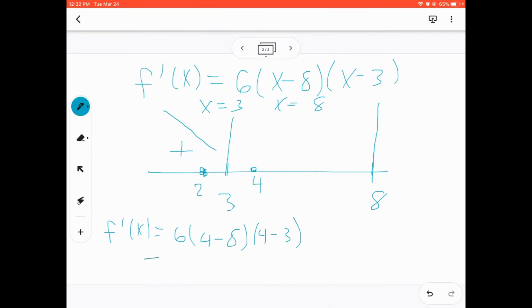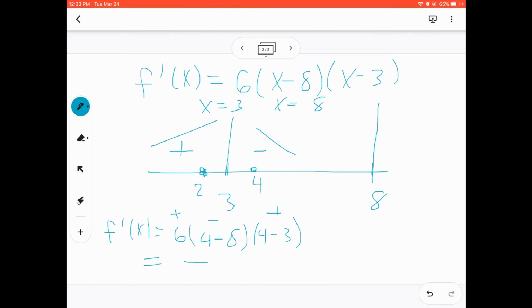Again, don't care about the function value. 4 minus 8 is negative. 4 minus 3 is positive. So we have a positive 6 here. So positive times negative is negative. So we have a negative value here. Oh, I made a mistake here. This should be going upwards. So that's positive slopes here, and these are negative slopes.